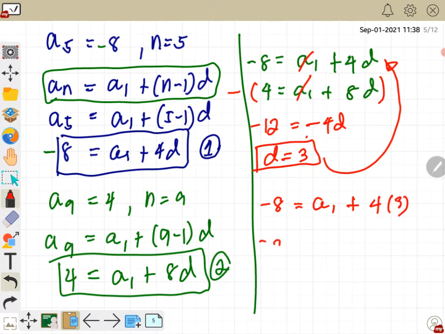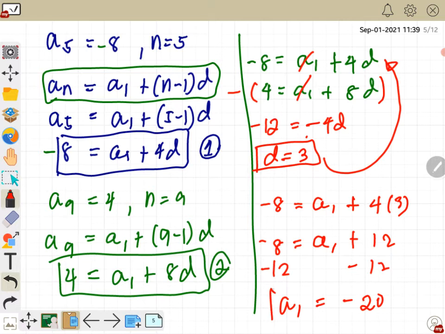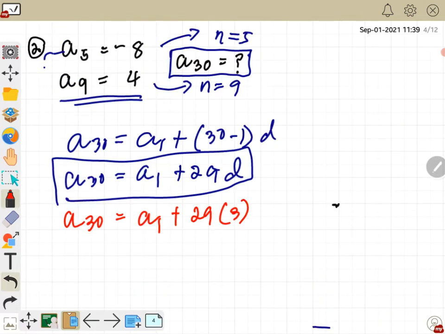So that gives us negative 8 equals a sub 1 plus 12. Minus 12 and minus 12, we have our a sub 1, our first term, as negative 20. So our first term is negative 20, and we will replace that in this one.